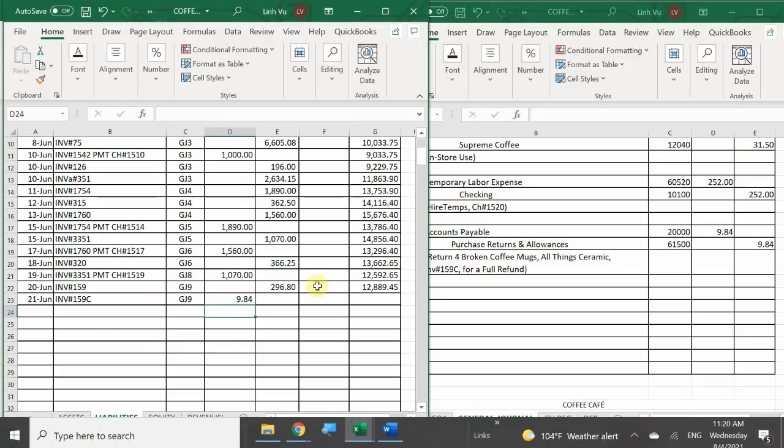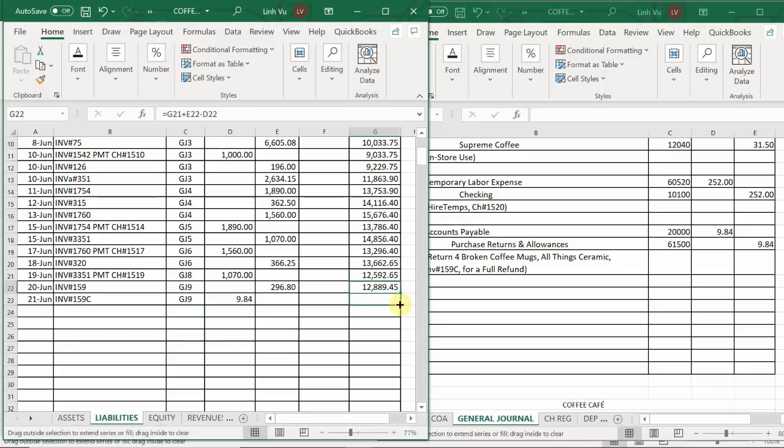So what's my account balance now? $1,879.61. Good. $12,869.61.